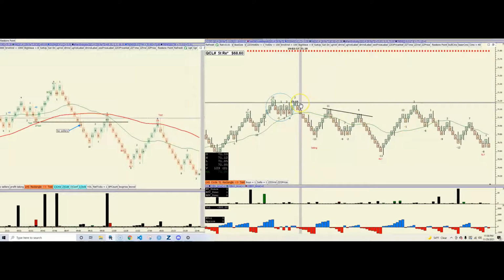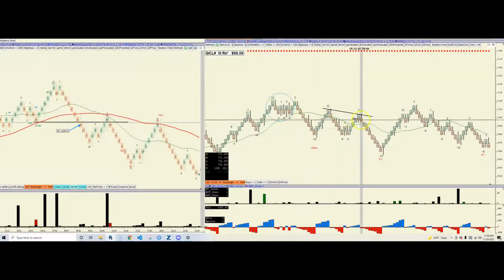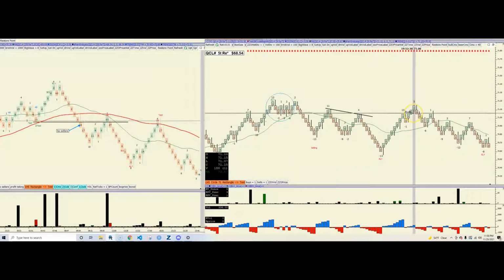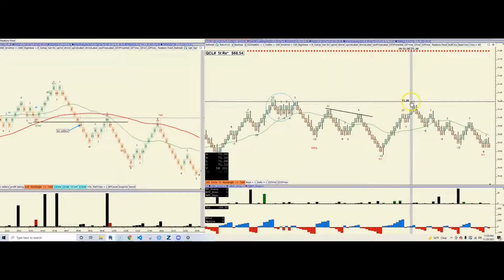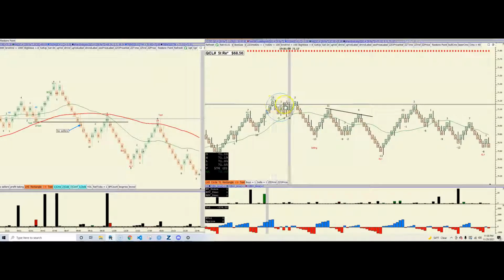Now, the only individuals who are able to still be in the position are the ones who waited for the trend change and then put their order in and actually got filled on the way up. And as they got filled on the way up, they didn't freak out because price was so close to their stop.